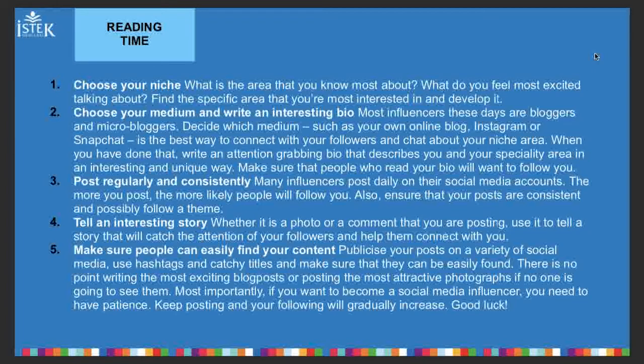Decide which medium, such as your own online blog, Instagram, or Snapchat, is the best way to connect with your followers and chat about your niche area. When you have done that, write an attention-grabbing bio that describes you and your specialty area in an interesting and unique way. Make sure that people who read your bio will want to follow you.